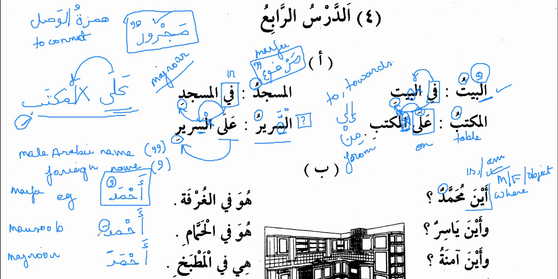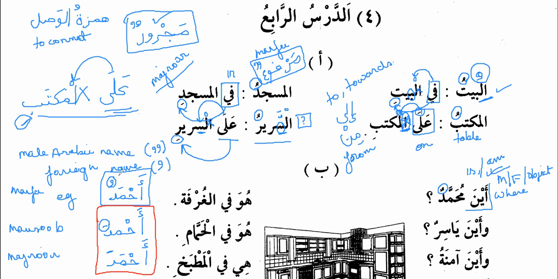These are the specific kind of names that cannot take a kasra. Those foreign names cannot take a kasra and they cannot have tanween in any position.